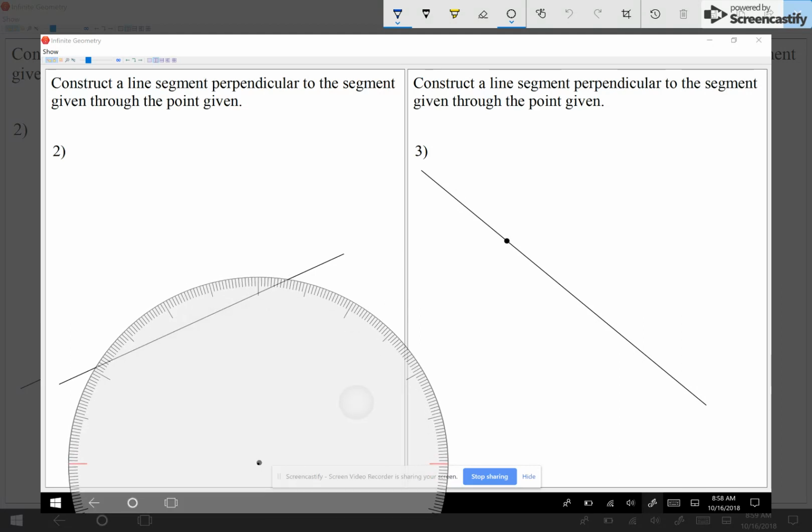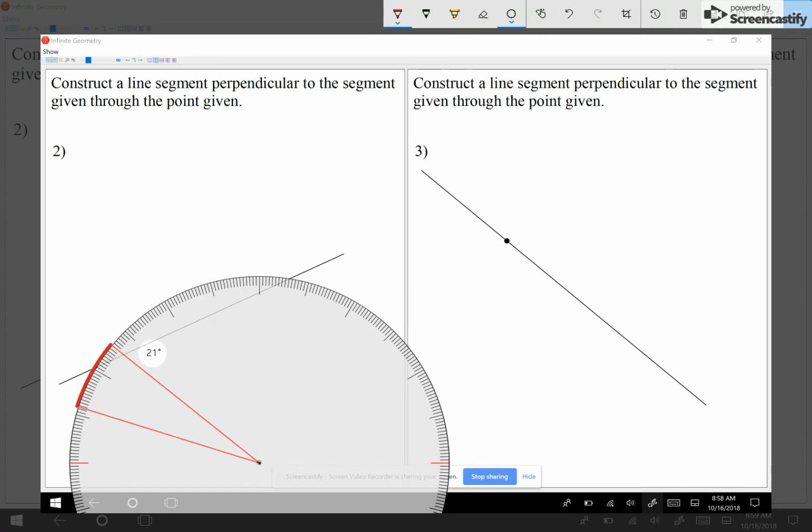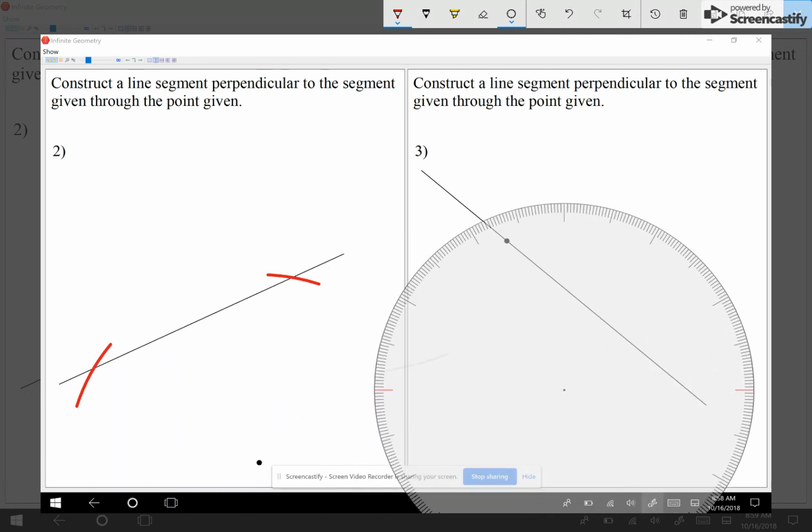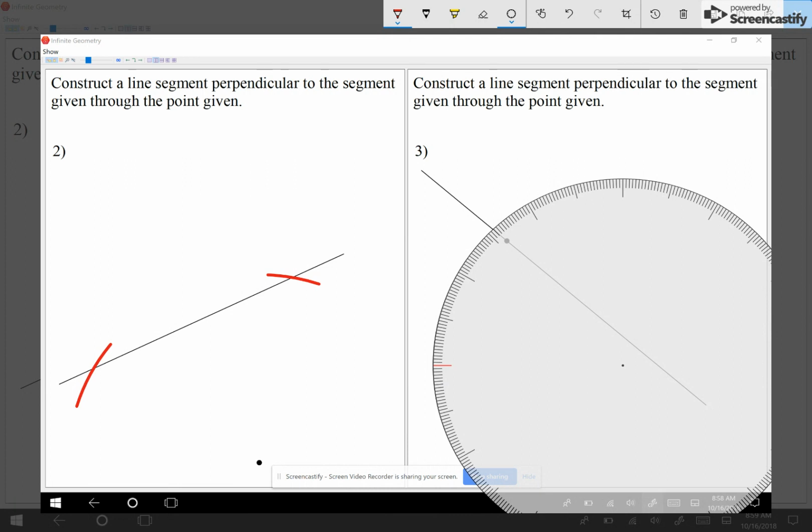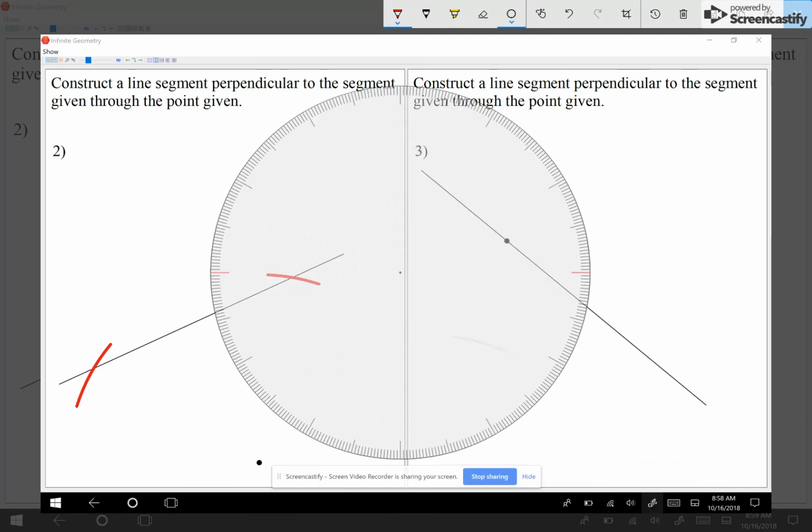Once again, center the compass at the point, and make sure my pencil goes past the line twice. I'm going to make an arc on one side where I cross the line segment, and an arc where I cross the other side. Give or take, it looks something like that.